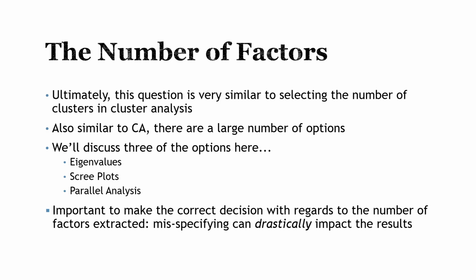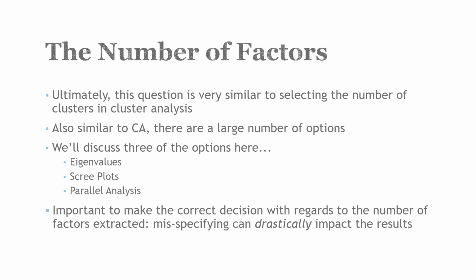But it is important to realize that misspecification of the number of factors can drastically impact your interpretations. And so we really want to not misspecify the number of factors if at all possible. That's our goal. All right, so let's jump into each of these, starting with eigenvalues.